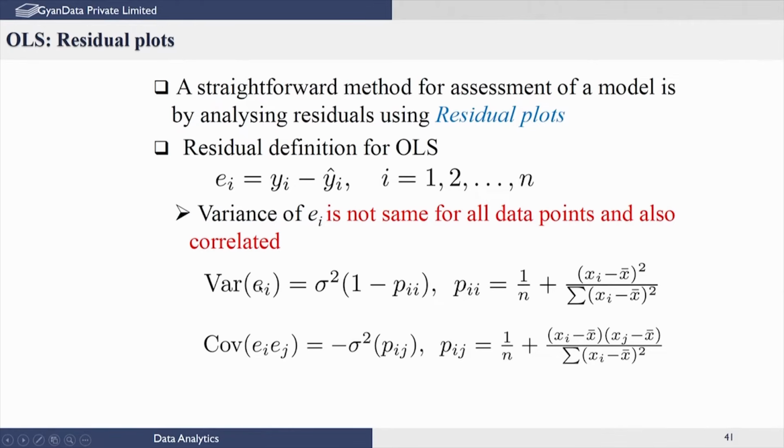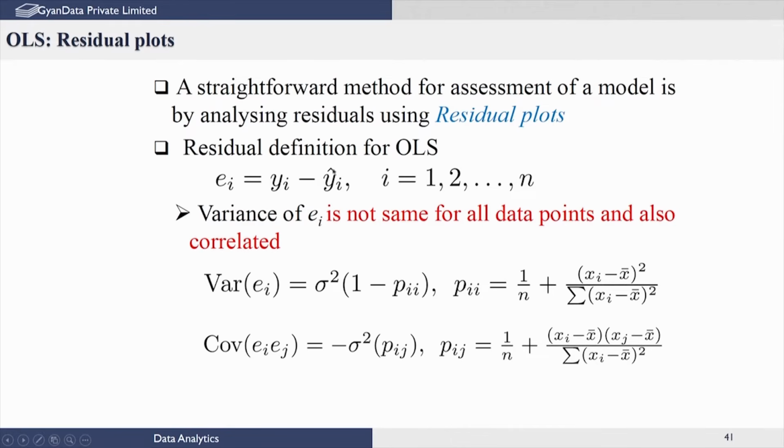We also can show that the residuals are not independent, even though we assume that the errors corrupting the measurements are all independent. The residuals in the samples are not independent and they have a covariance, and that covariance can be shown to be given by this quantity. The reason for the variance of the residuals not being identical, or for them being correlated, is that this yi hat that we have here is a result of the regression.